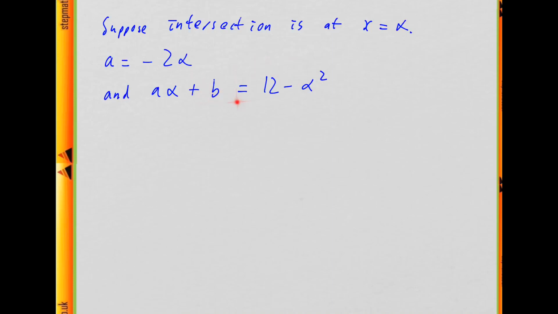And now if I rearrange this to get b, I can get b in terms of either a or alpha. It doesn't matter which. So I'm actually going to get it all in terms of alpha rather than a, just because it means I don't have to divide by 2. It means I get rid of fractions. And then I get minus 2 alpha squared here, so I just move that across and I get 12 plus alpha squared for b.